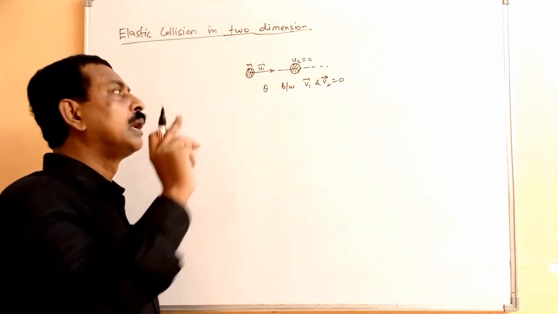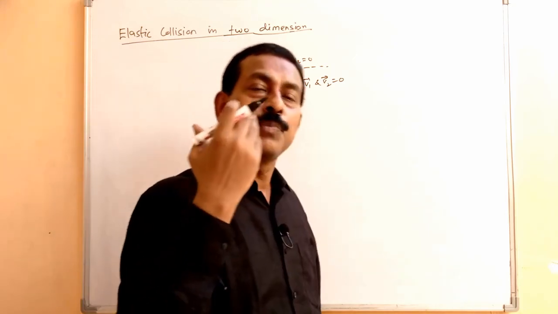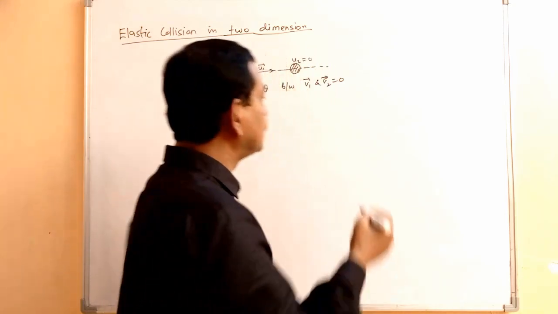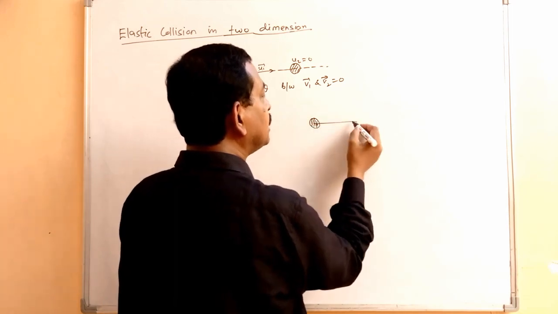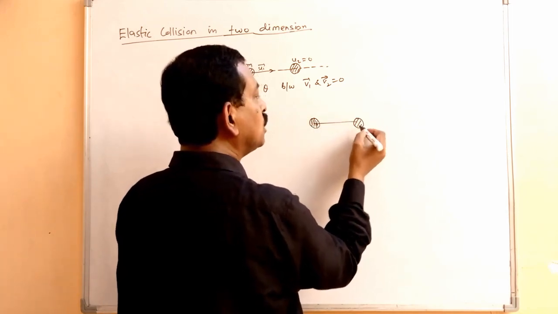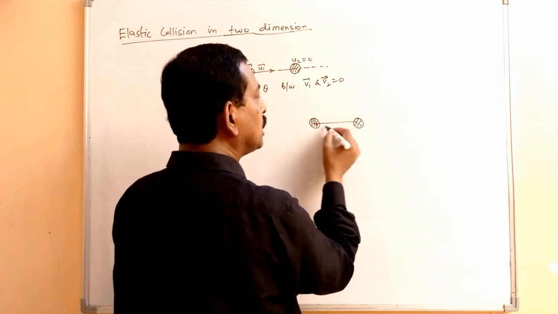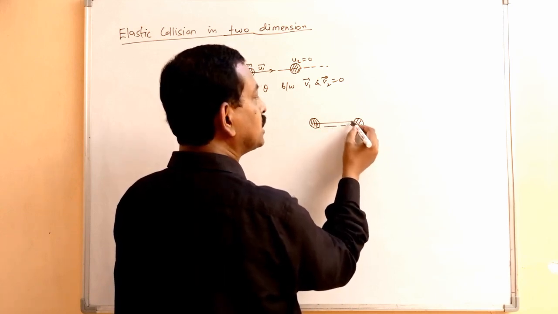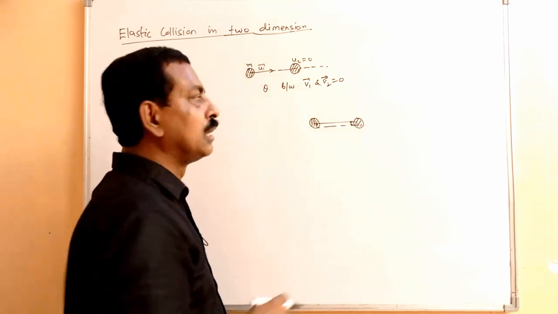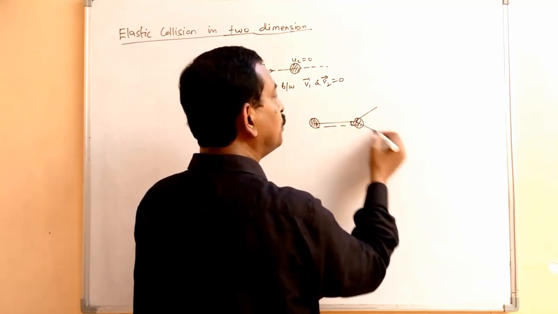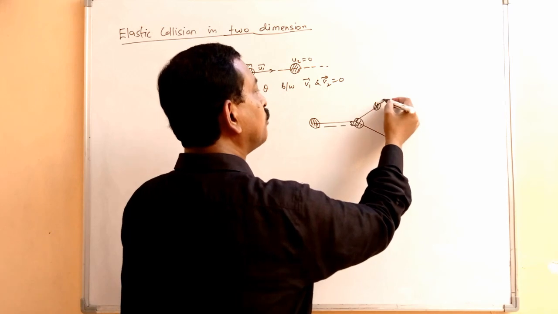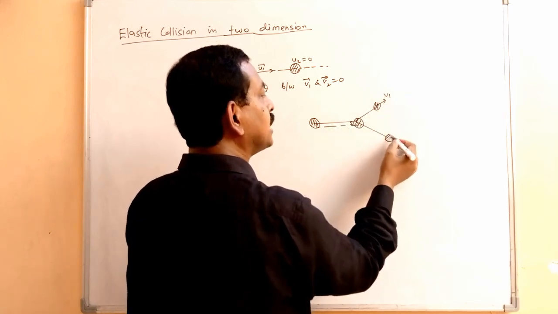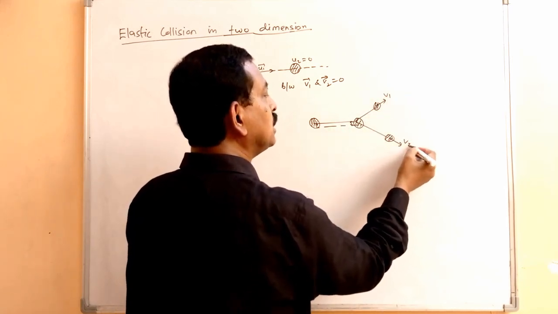But if it is an oblique collision, suppose this body is colliding with another body, and the centers of the two are not along the same line, it is at some distance. In that case, the bodies will move differently. So suppose the first body is moving with velocity v1 and the second one is moving with velocity v2.